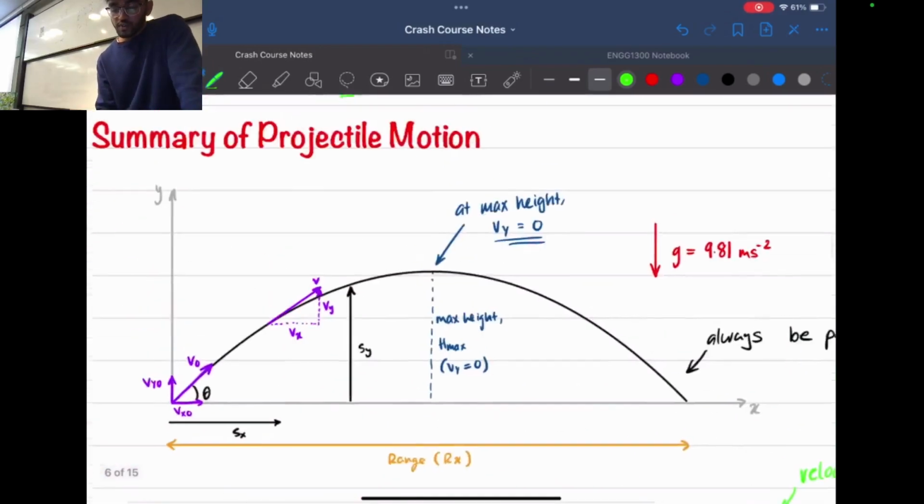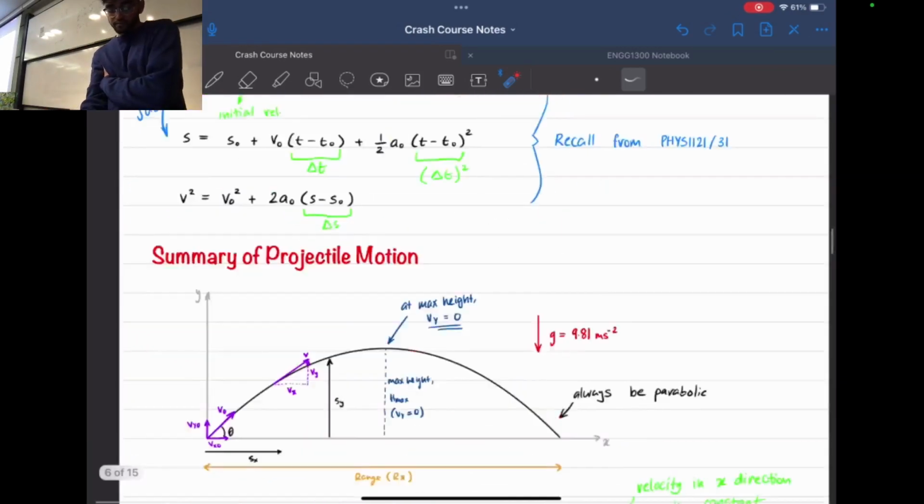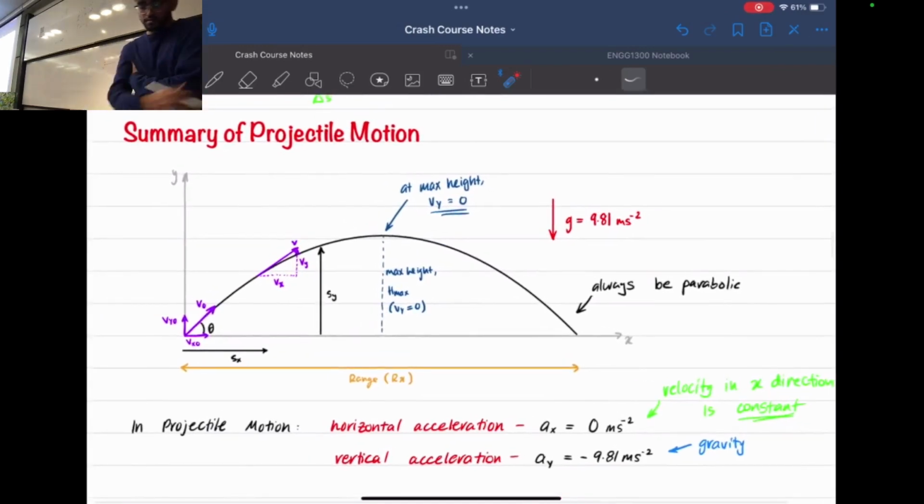Alright. If we go up to the formula that we had over here, and sub in a equal to 0, so ax equal to 0, the velocity we will always get, no matter at what time point we are, will always be v0. Okay?